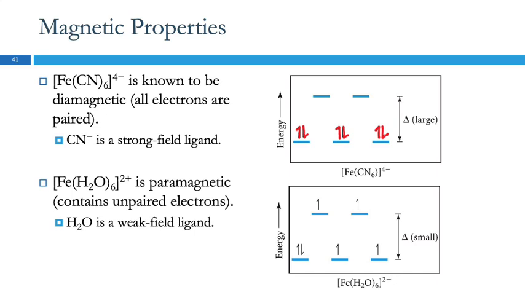So the electrons come in, and the first one takes his own bed or orbital, and the next one, and the next one, and the fourth one has a choice. I can pair up with this guy or invest a little bit of extra energy and go up there. It's worth a little bit of energy to go up there and have my own space. So he does that, and then the next one's also going to go up there.